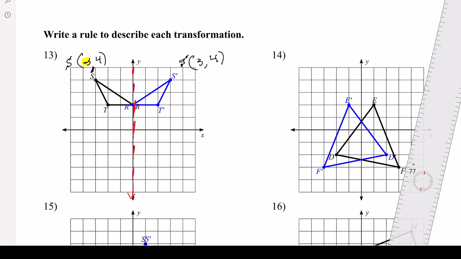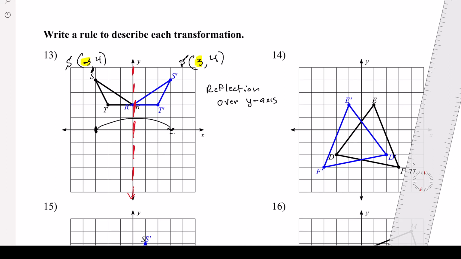Well, look what's changed. What's changed are the x's, which means this is a reflection. Remember, when it's a reflection over the y-axis, the x's change, and that makes sense. You start here, and then you go to here.